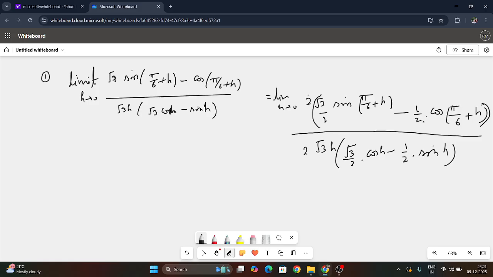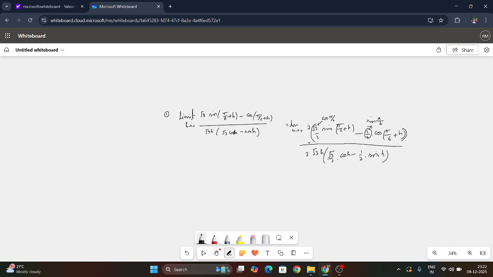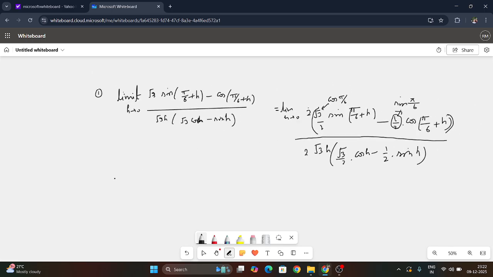Here you can use the standard values: root 3 by 2 is cos pi by 6, that is cos 30, and 1 by 2 is sin pi by 6, that is sin 30. So let's substitute sin 30 and cos 30 and continue on a new line.